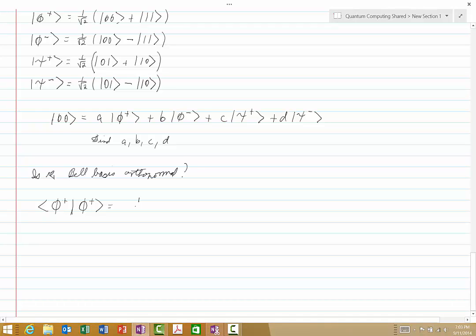So what we will have here is 1 over square root of 2 complex conjugate times the bra of |0,0⟩ plus |1,1⟩.